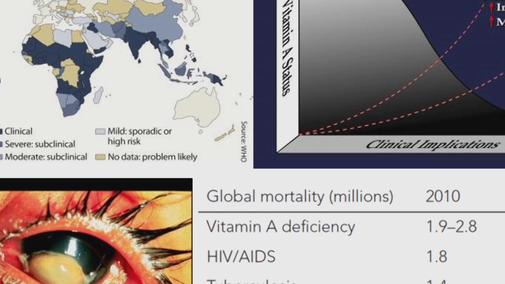And the little map on the top left shows that this is essentially a problem of the developing world. And that's because it's associated with poverty. It's associated with insufficient dietary diversity, too much dependence on staple foods, which are mostly carbohydrate with very few sources of minerals or vitamins, and where the foods which contain the minerals and vitamins become too expensive.